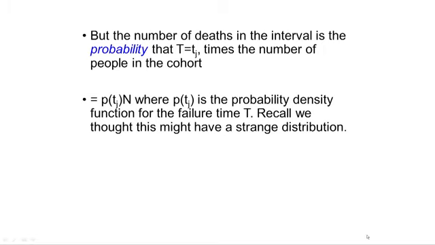Okay? And so that's the probability. And if I multiply that probability by the number of people in my cohort, that's the number of people who died at that age, which, remember, may have a sort of funny looking distribution, the probability of dying at any given age.